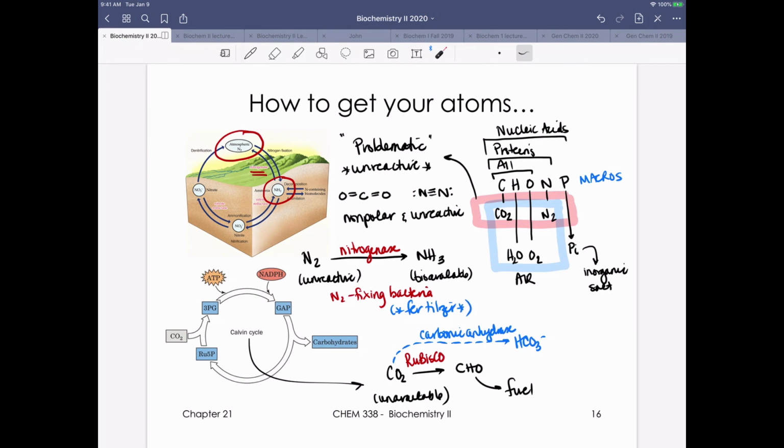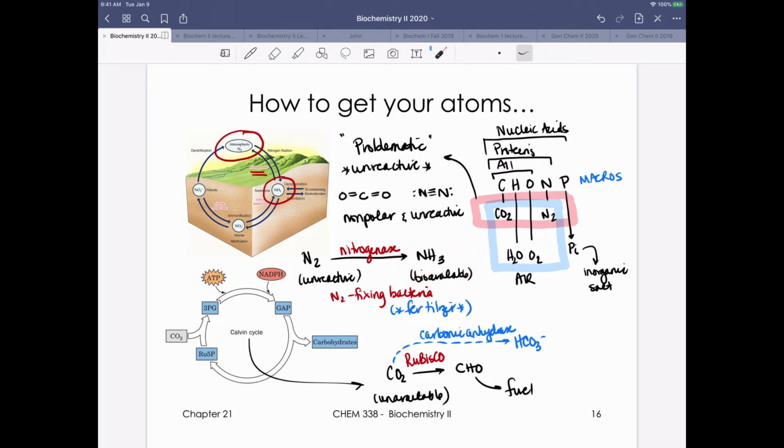The last little story here dealing with nitrogen is the enzyme nitrogenase. As much as Rubisco is the money-making enzyme for carbon fixation, nitrogenase is the money-making enzyme for nitrogen fixation, taking this fairly unreactive nitrogen gas and making it into the highly bioavailable ammonia.